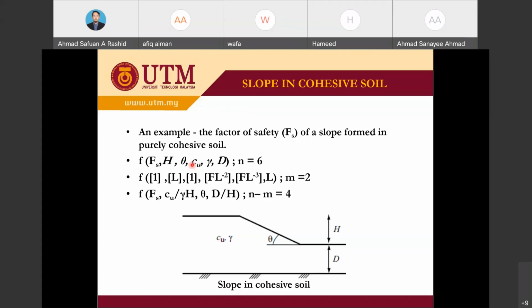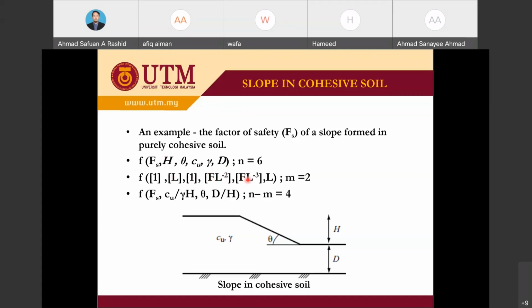the value for the primary dimension, first we have L, so we count it as 1. 1 we do not consider as a primary dimension. Then we have F here. F is also considered a primary dimension, so we have another, 2. L to the power of -2 is already counted previously from the H. Then we also have F here, which is already counted, representing the Cu.